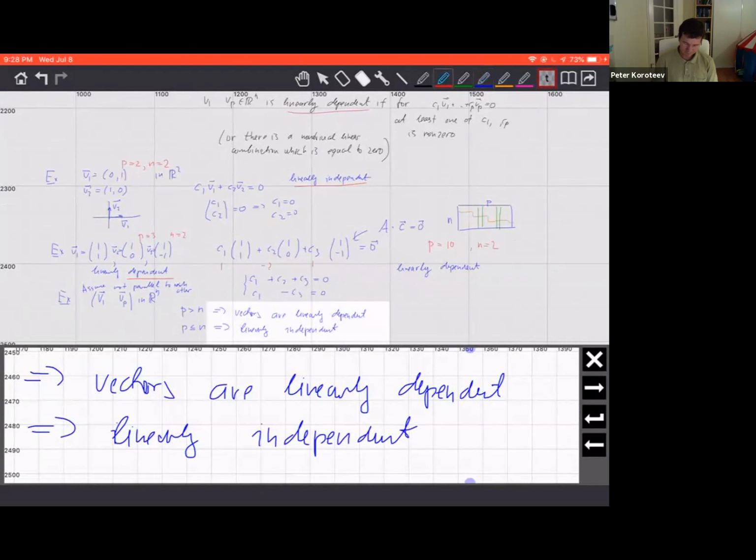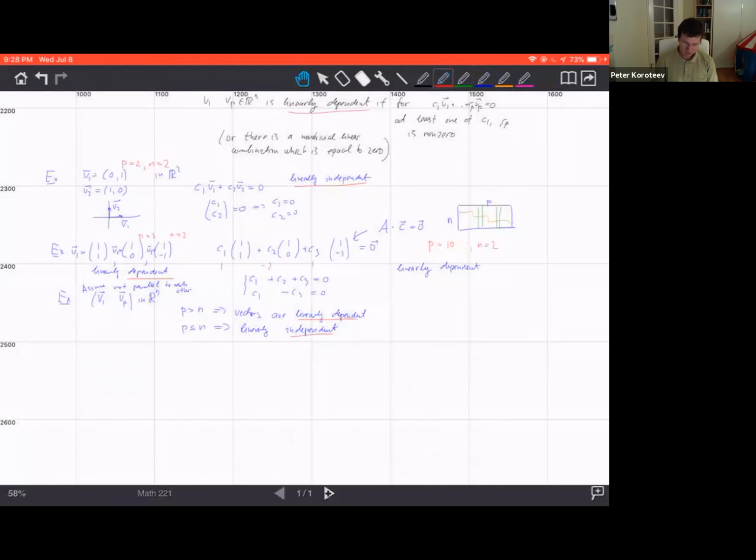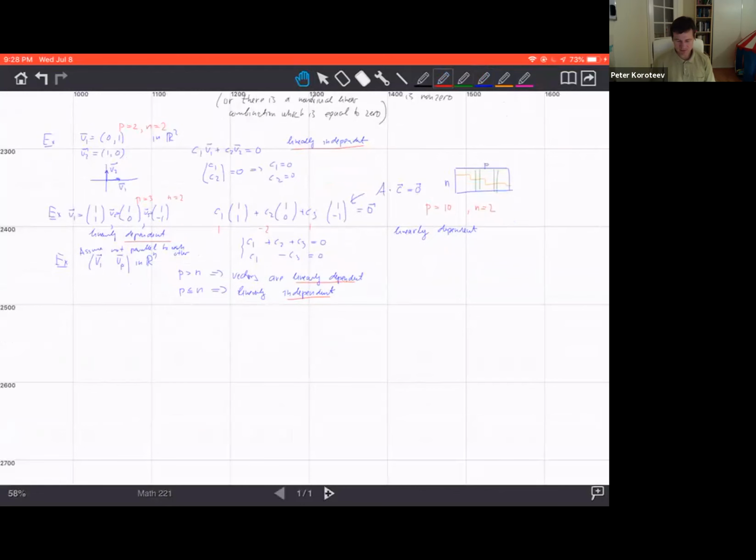Okay. So simply, in terms of counting matrix equations, in the second case you'll have fewer unknowns than equations. Okay, questions?